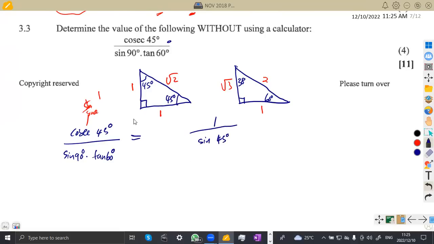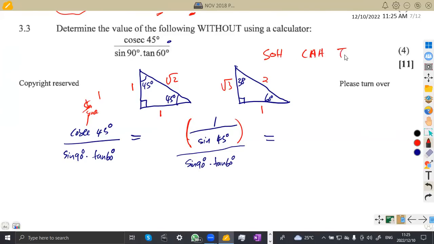If it was sec, it would be 1 over cos. Cosec is 1 over sine. So this is 1 over sine 45, over sine 90 degrees times tan 60 degrees. This part is together in the numerator, so don't forget that it's one and the same thing. So 1 over sine, from our ratios, don't forget your SOH CAH TOA.